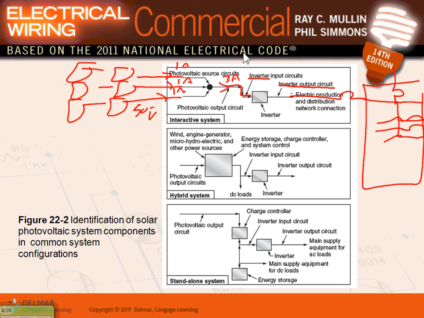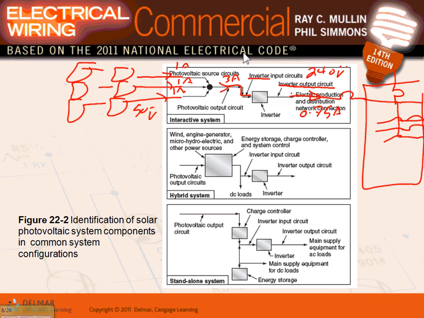Can you guys see the big picture? I have my panels generating 1 amp, 50 volt. I paralleled them, I got 3 amps at 50 volt. I inverted it back. Let me just do this example. Let's say we inverted it at 240 volt, with whatever amps we can get, say 0.75 amps.